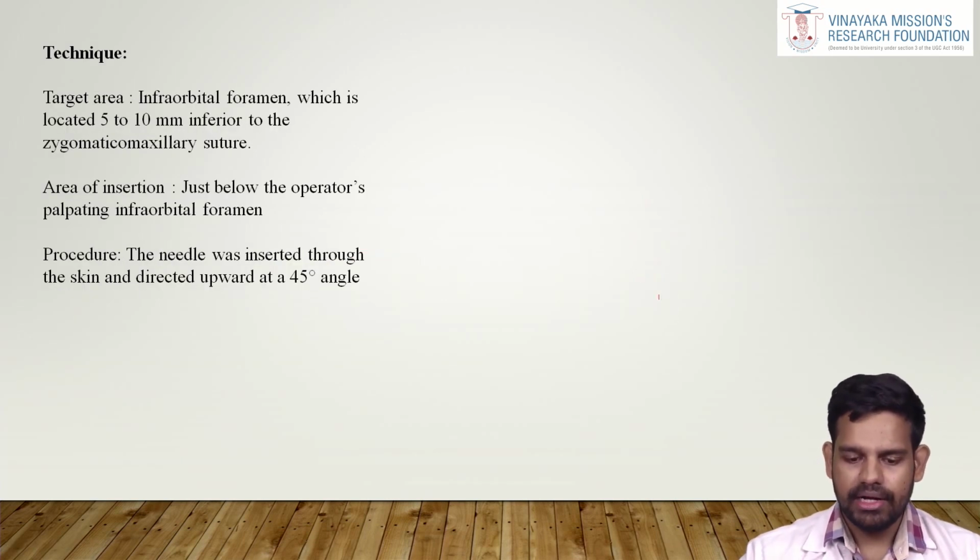The target area is the infraorbital foramen, which is located 5 to 10 mm inferior to the zygomatico-maxillary suture. The area of insertion here is just below the operator's palpating finger at the infraorbital foramen. So we have to inject the needle just below the infraorbital foramen. The needle is inserted through the skin and directed upward at a 45-degree angle.